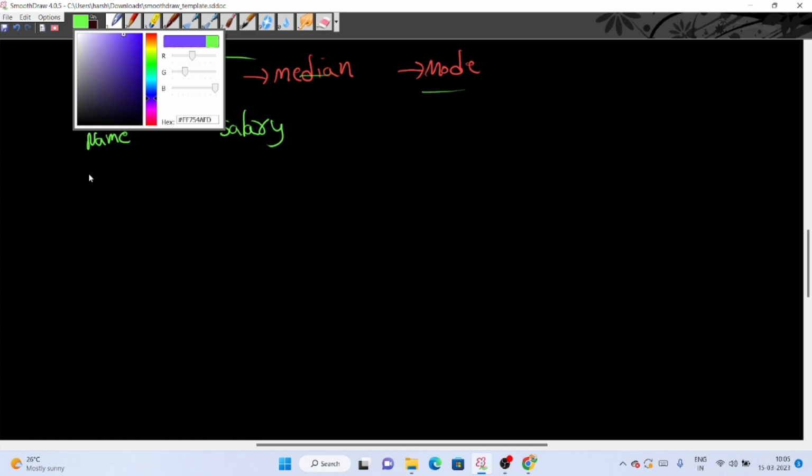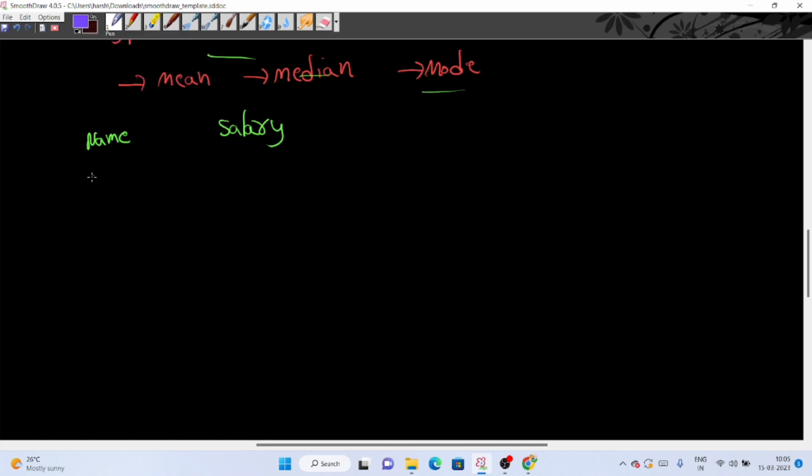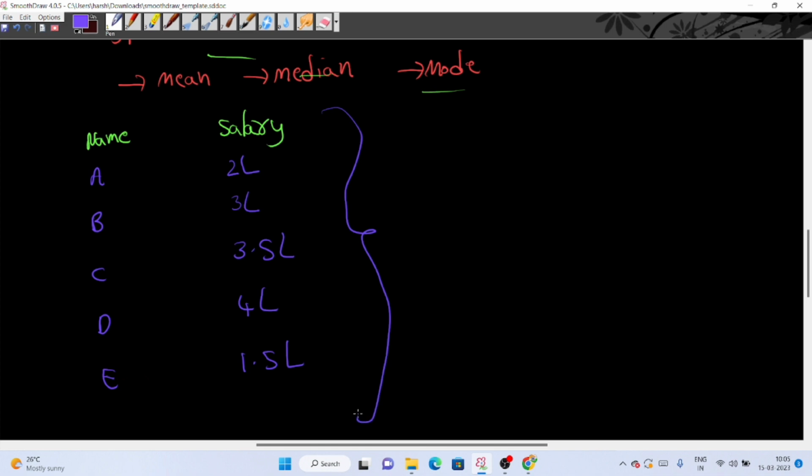Maybe I can take the people's names as A, B, C, D, and then E. Maybe I can take the salaries as 2 lakhs per annum, or else 3 lakhs per annum, 3.5 lakhs, 4 lakhs, 1.5 lakhs. So this is the data which I had initially taken.